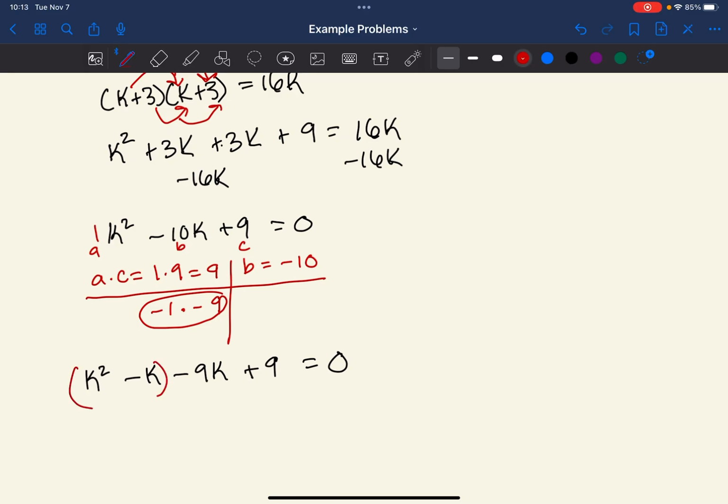Factor by grouping tells me I group the first pair and then I group the second pair, and then I take a GCF out of each. Out of the first parentheses, I can take out a k, and I'm left with k minus 1. On the second one, remember, I want my parentheses to match. I'm going to take out a negative 9, so I'm left with k minus 1.